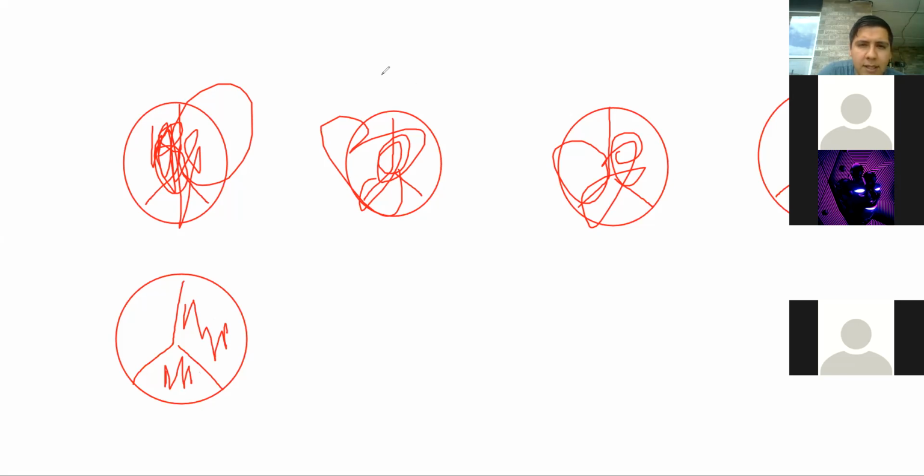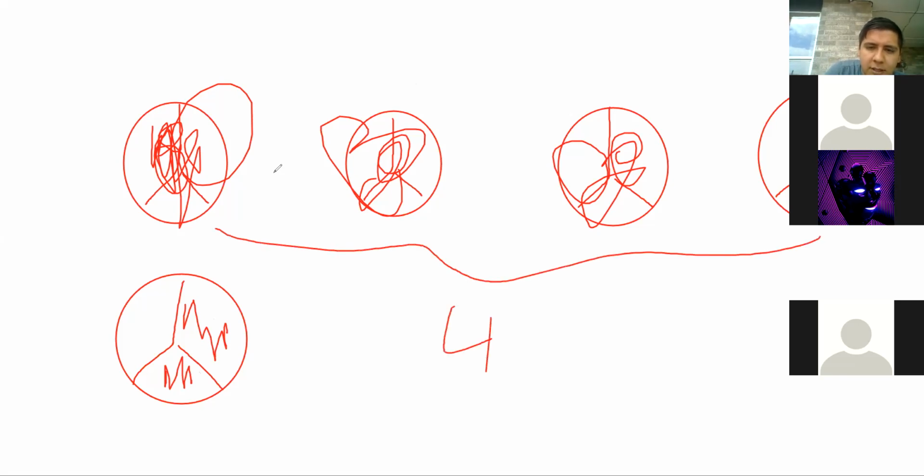How would we express this as a mixed number? 4 and 1/2. So that's 4 wholes, but then the fraction is not 1/2, right? That's 3 parts, and only 2 of them are shaded in. So how do we express that?